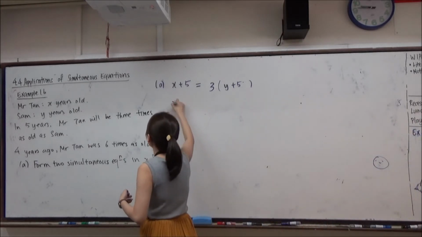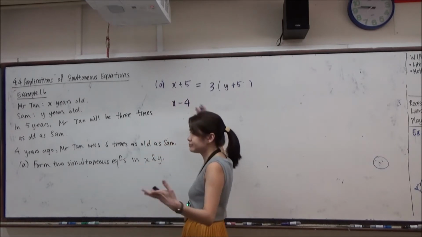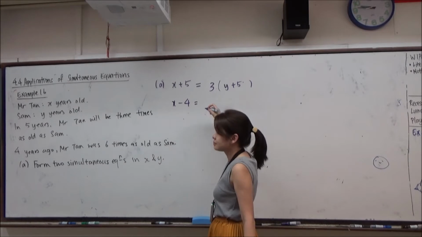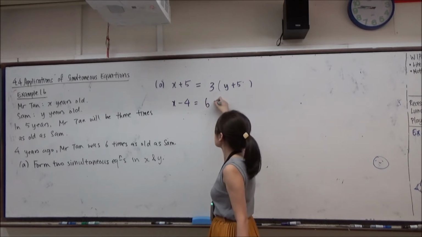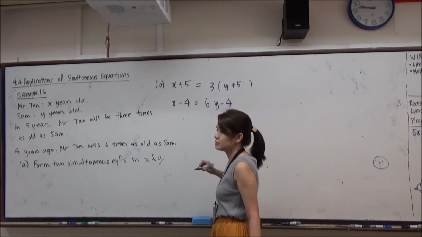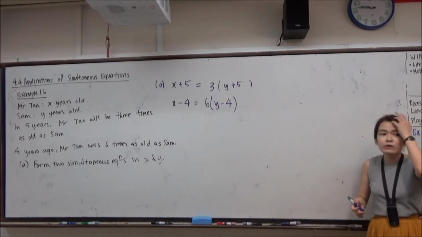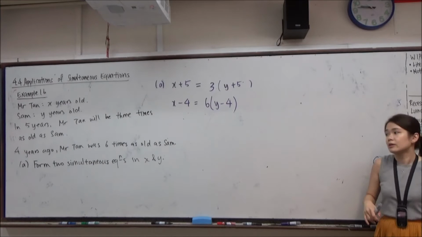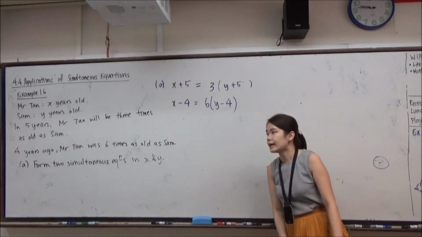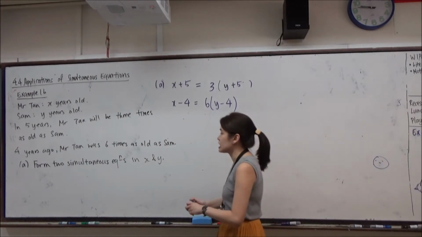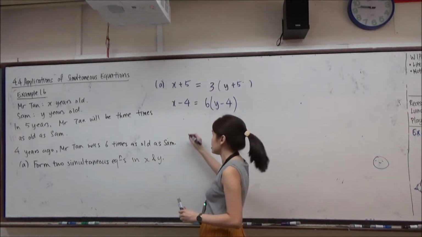X minus 4, okay, equals to, or what? 6 bracket y minus 4, yes. Alright, so this will be how we form the second equation from the second statement. Okay, and this will answer the question already in part A, which asks you to write two simultaneous equations.